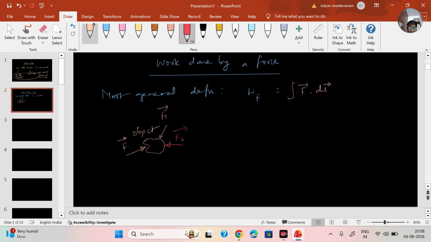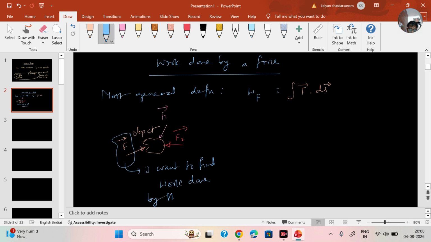But I am not really interested in work done by them. I want to find work done by this force. There may be many forces acting on the object, but I just want to find work done by this force.